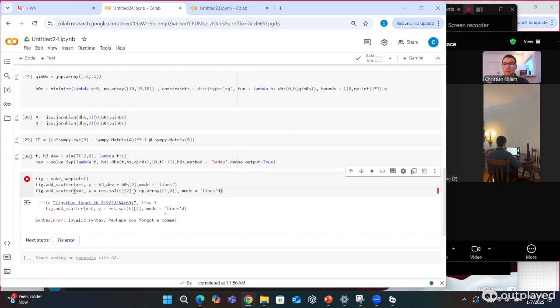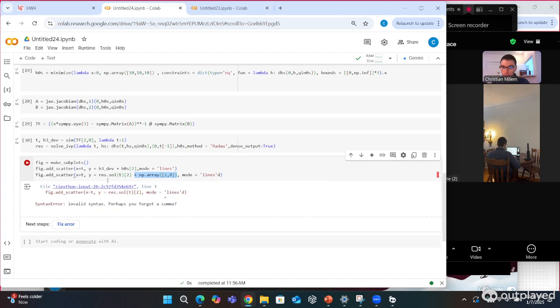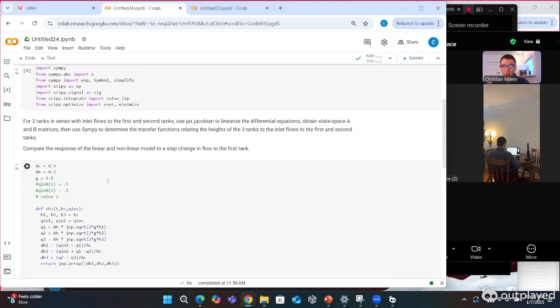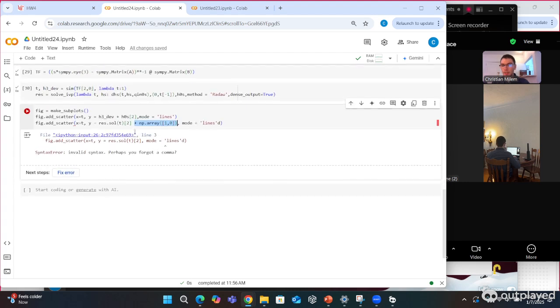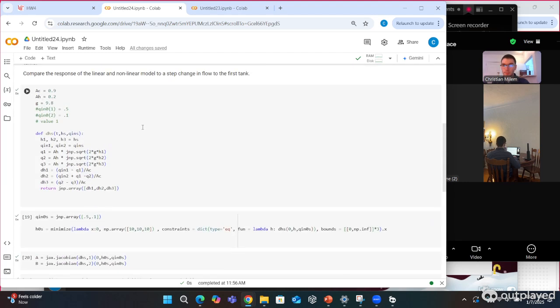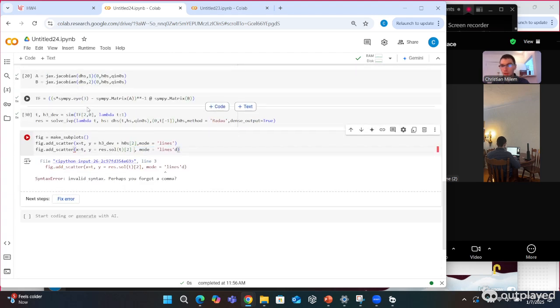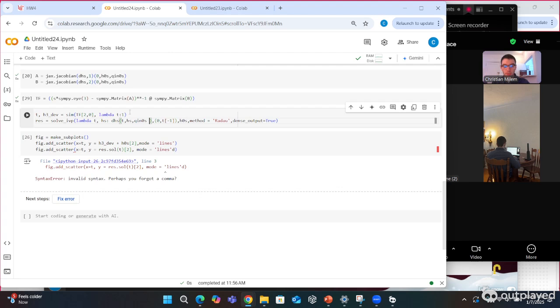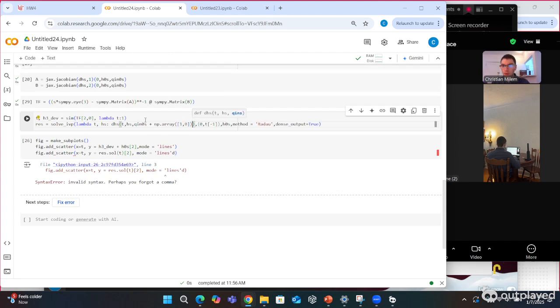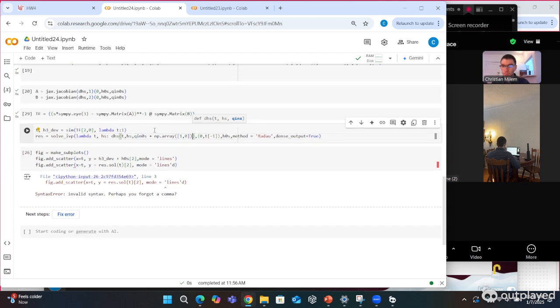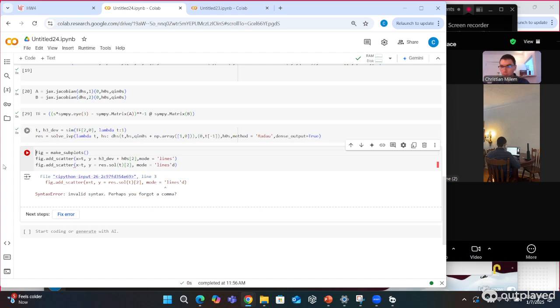Also, one other thing, for whatever reason, I applied that step change in the height, which doesn't make any sense. The step change needs to be on our flow rate. So let's see. Does that plot properly?